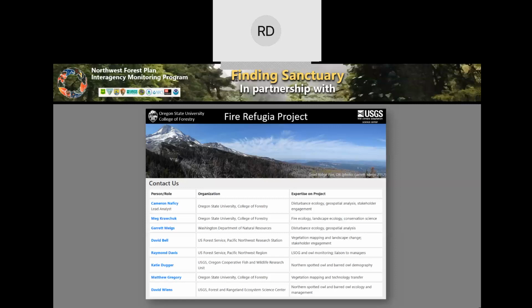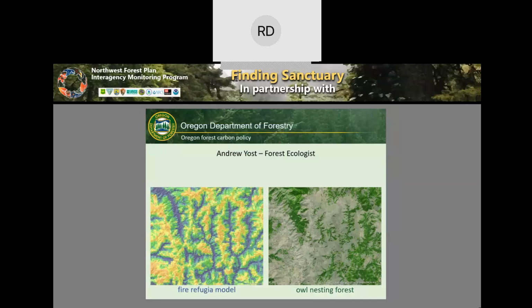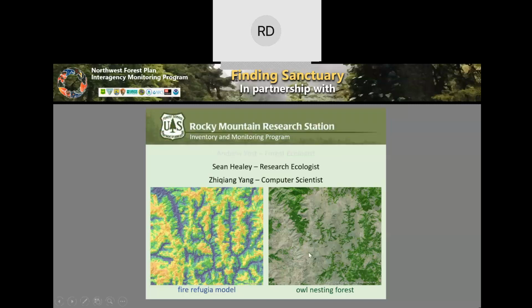We're also collaborating with the Oregon Department of Forestry, Andrew Yost, who's the forest ecologist. He works on Oregon forest carbon policy issues. And then with Rocky Mountain Research Station, Sean Healy and Shushang Yang, who will talk about the remaining slides here.